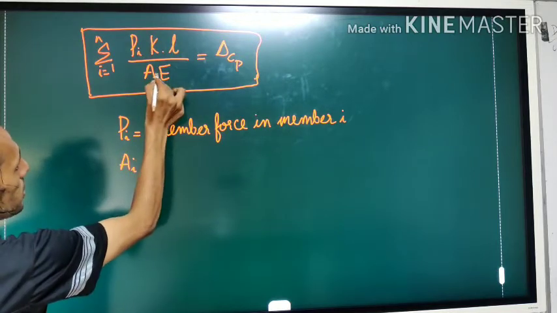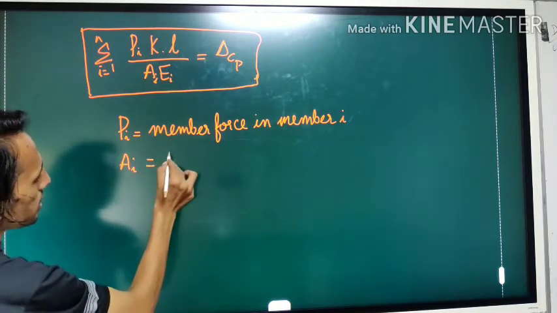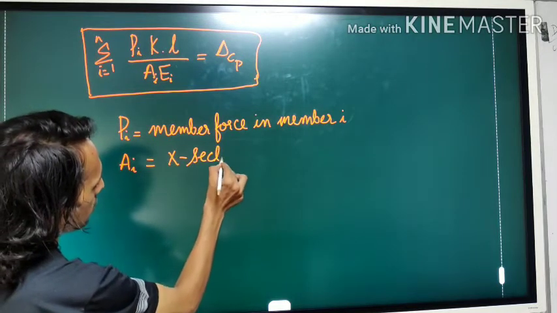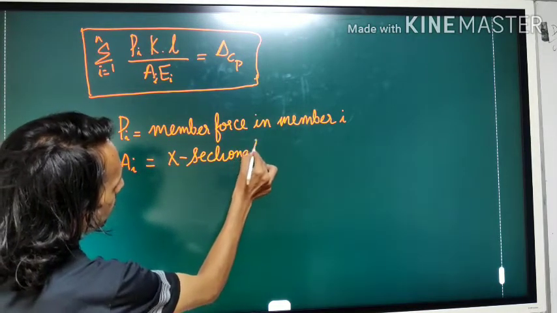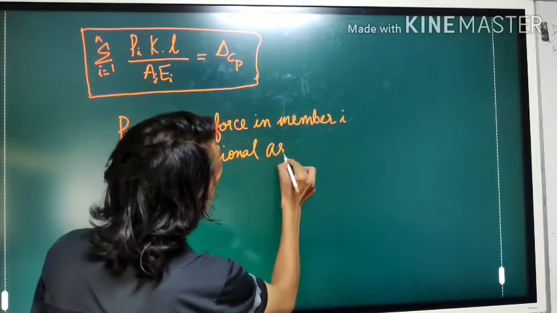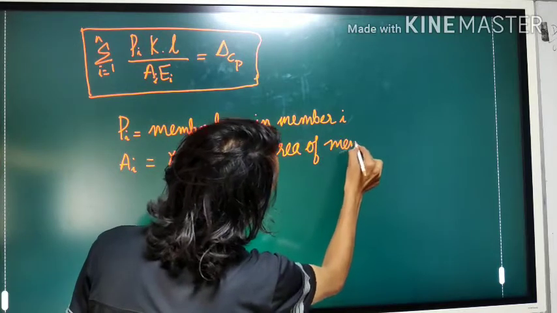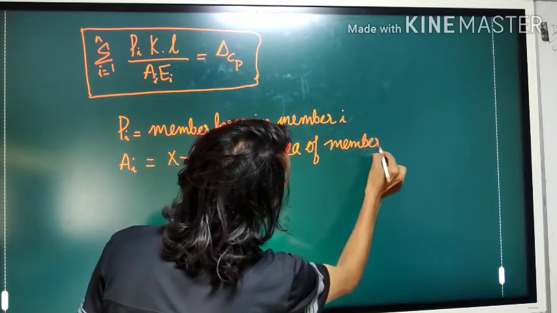Ai is the cross sectional area of member i.